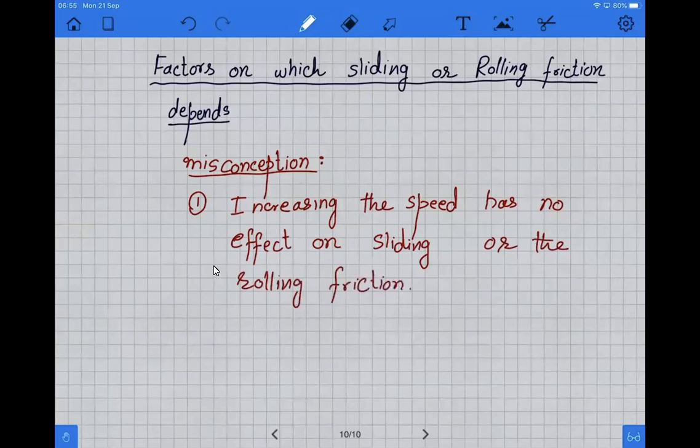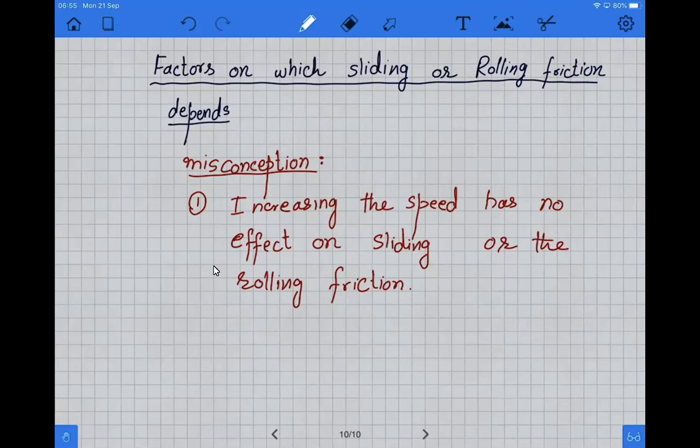So whether the car is driven slow or it's driven fast, its sliding or rolling friction will be same. However, a student can ask that when I drive fast, sometimes the tires get damaged or they wear out or they burn out. What is the reason for that?